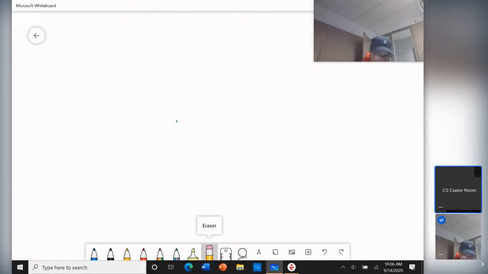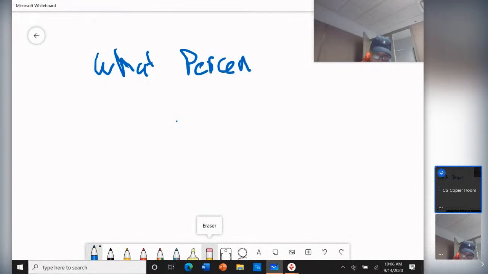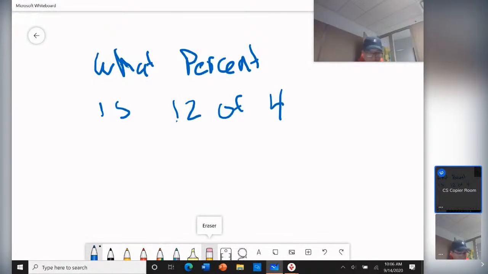Okay, let's do one more. What percent is 12 of 4? Okay. So this is going to be 4 over 12, which if we reduce it, it's going to be 1 over 3.